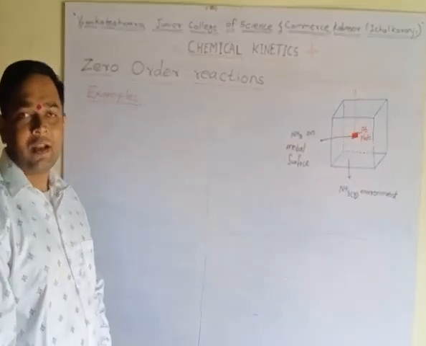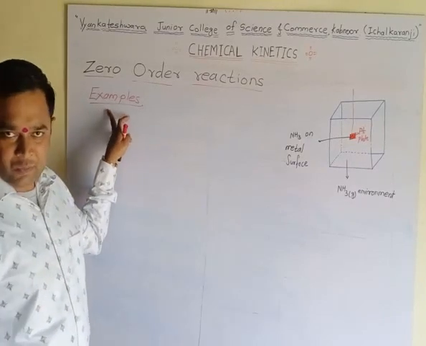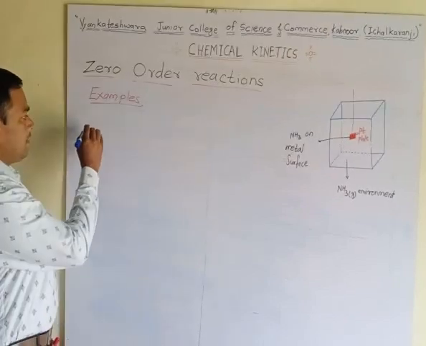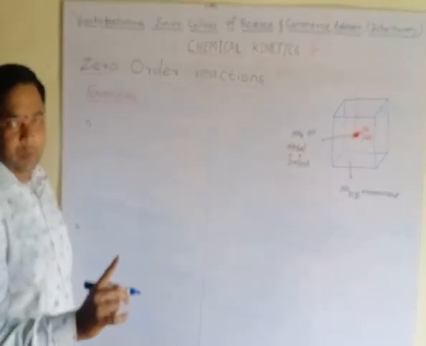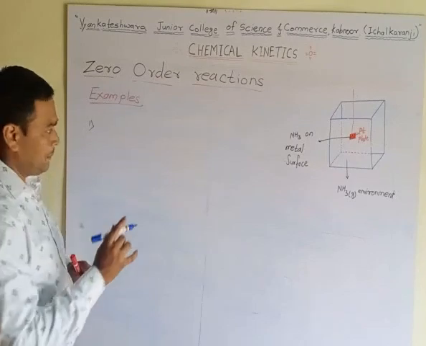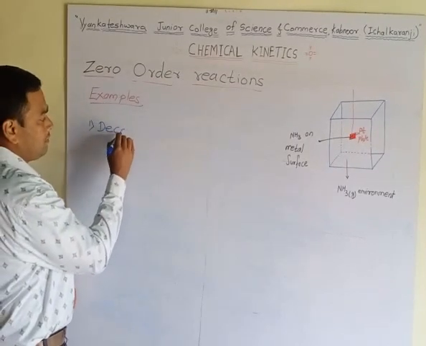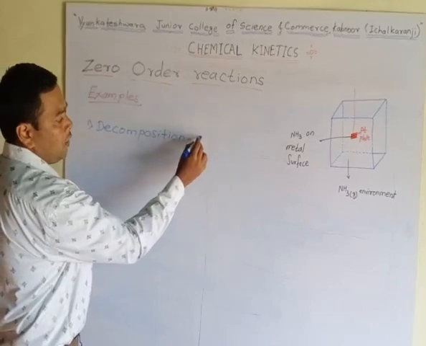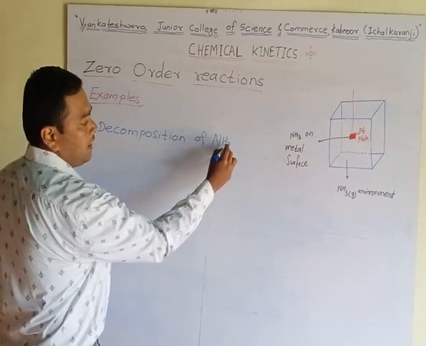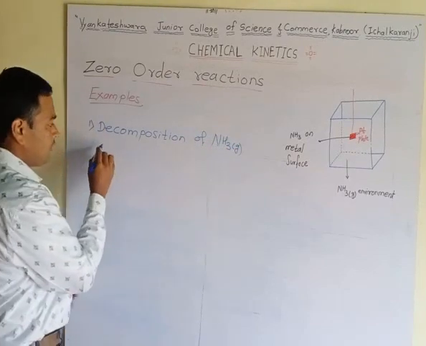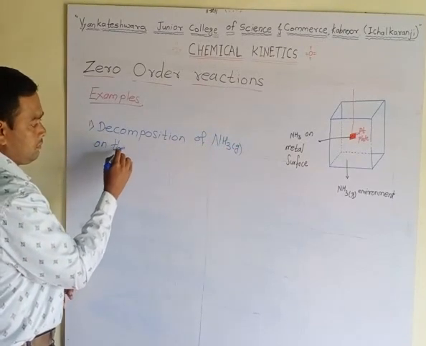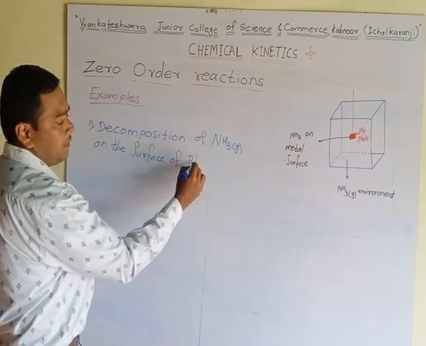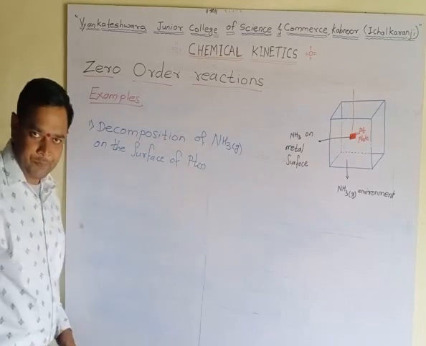The next important part is examples of zero order reaction. The first example is decomposition of ammonia on the surface of platinum. Decomposition of NH3 gas on the surface of platinum, Pt, as a solid.